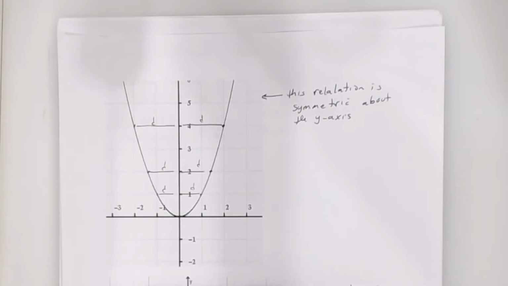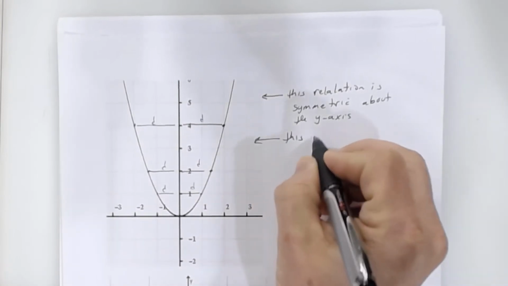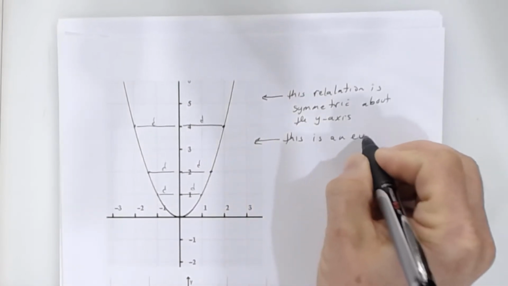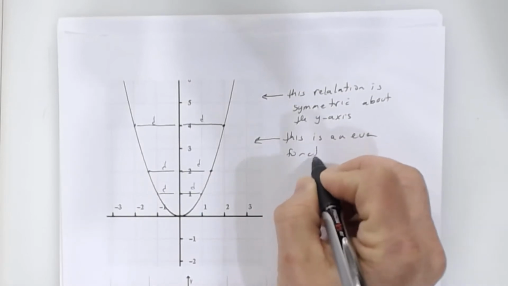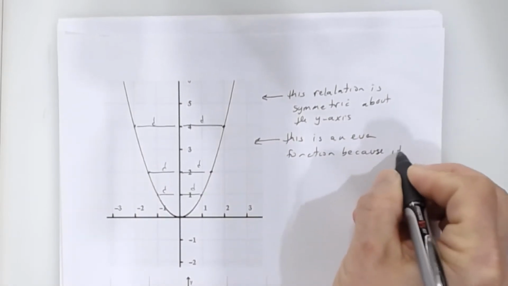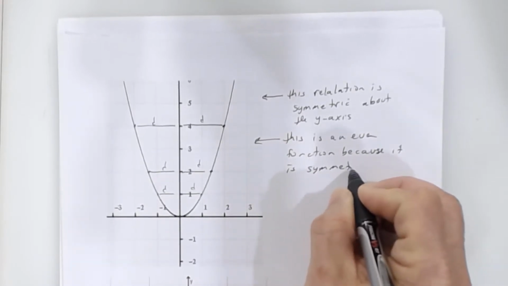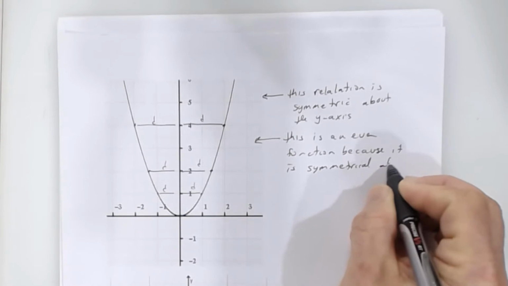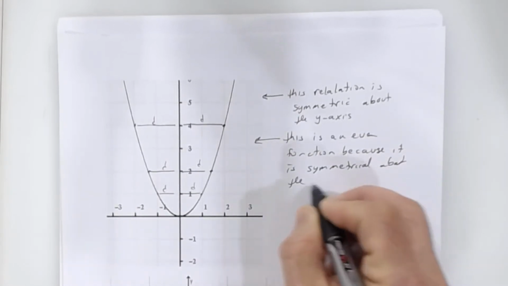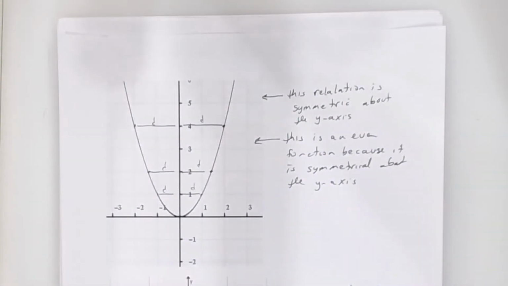Because it's symmetrical about the y-axis. So this is an even function because it is symmetrical about the y-axis.